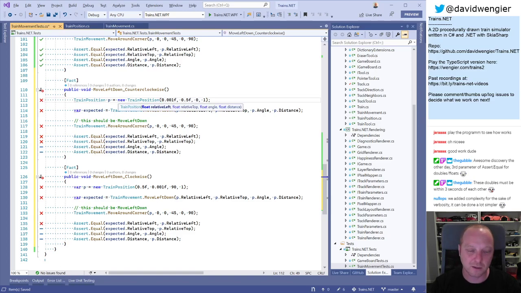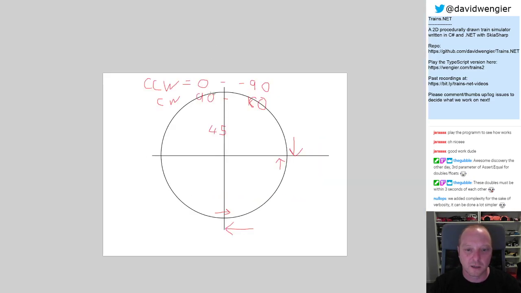Left down counterclockwise. So that's this one. Oh, now I've got to remove all this writing. Okay. So left down is this quadrant. So left down. So clockwise.